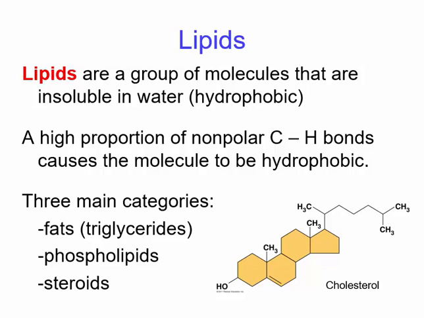Lots of these non-polar carbon-hydrogen bonds. So hydrocarbon molecules are often lipids. And so there are three main categories. Fats, yes, that's a kind of lipid. The phospholipids, there's some nuance there. And the steroids. So here's cholesterol in this cartoon. That's an example of a steroid.